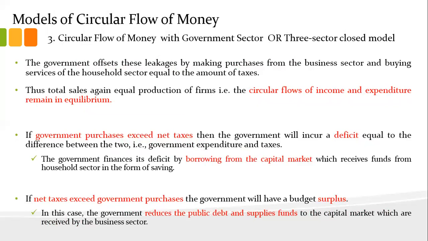Now, government offsets these leakages by making purchases from the business sector and buying services from the household sector, which we have already discussed. And that should be an equal amount. However much tax you are collecting, you need to pay back to the business sector as well as households, which in actual practice is not possible, but these are the assumptions.